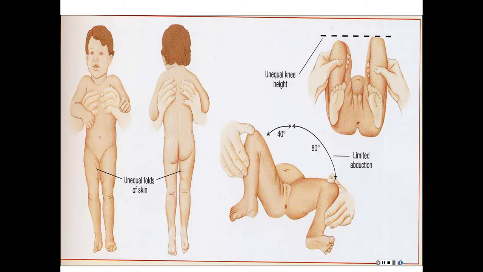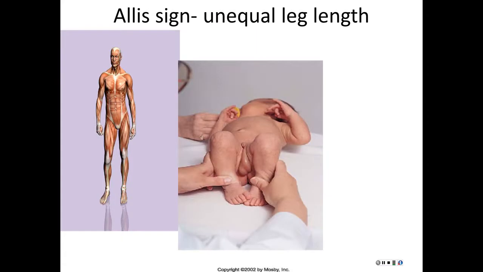This picture to the right is called the Allis sign, A-L-L-I-S, not Allen. And you see on this infant, this boy's got his left femur shorter than his right.